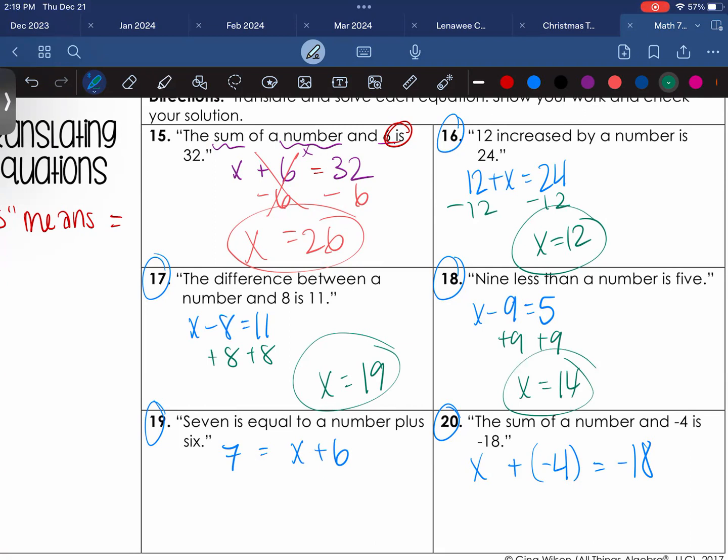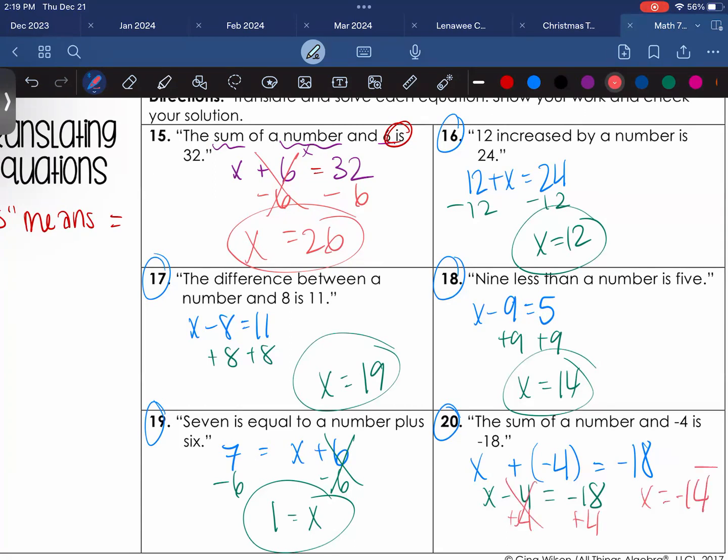Number 19, you should have subtracted 6 from both sides, so you would get 1 equals x, or x equals 1. And number 20, you could have changed this to x minus 4 equals negative 18, and you would have to add 4 to both sides to cancel it out. So we get x equals negative 14.